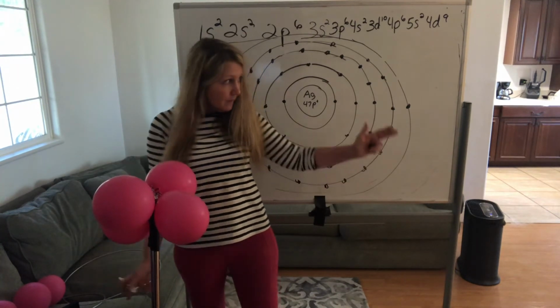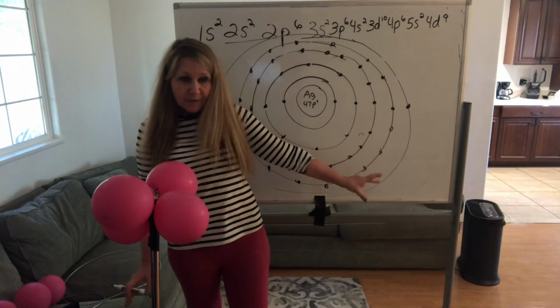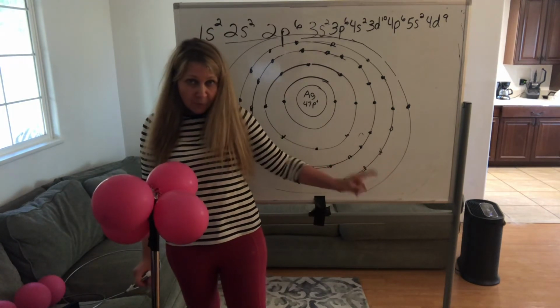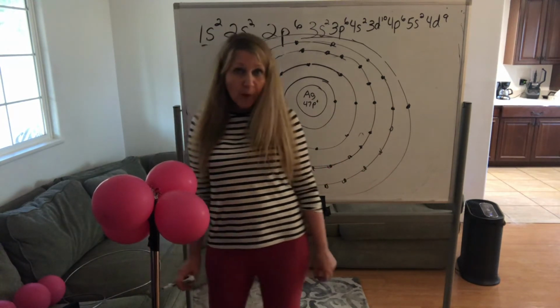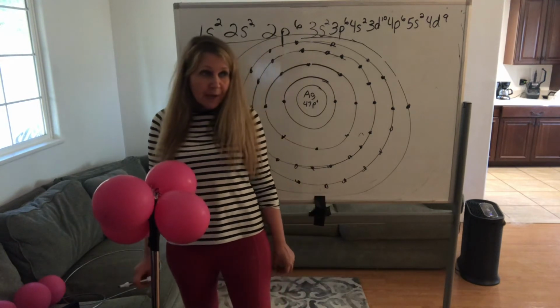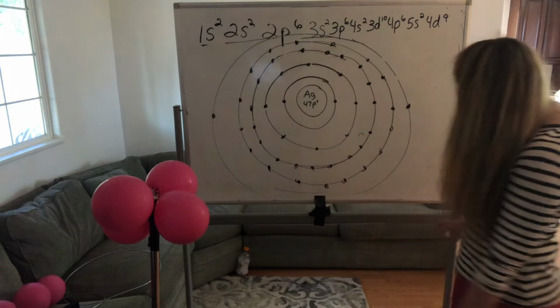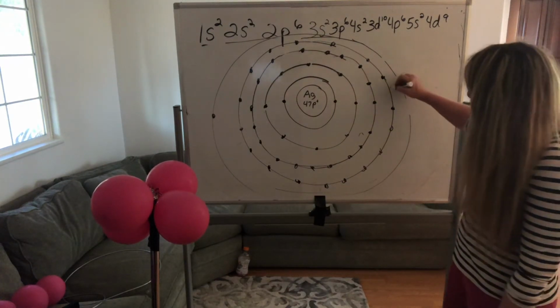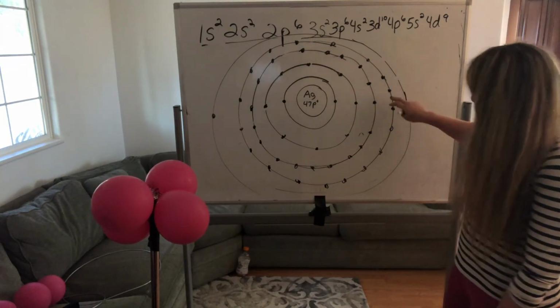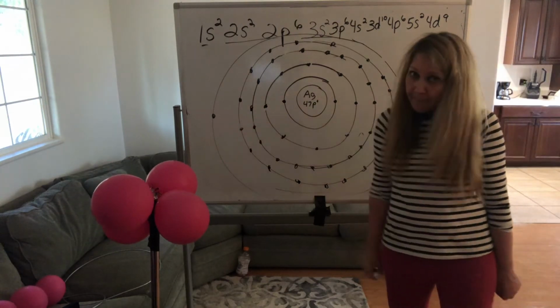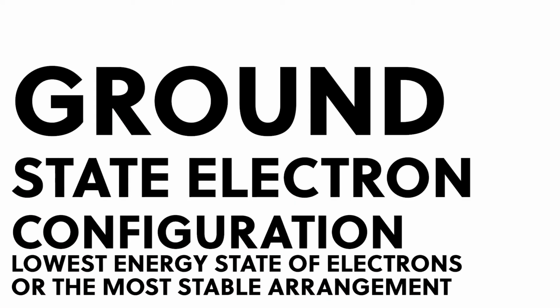All right, so silver actually has a valence number of 1. That means it has 1 electron in the outer energy level. So instead of 2, you would have 1. Makes sense. Look at this.